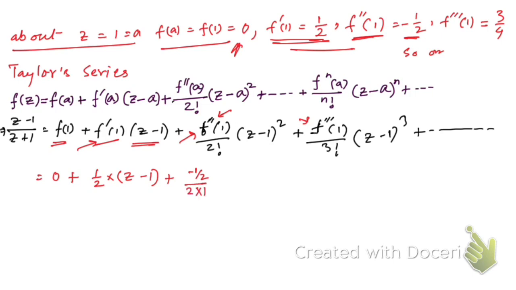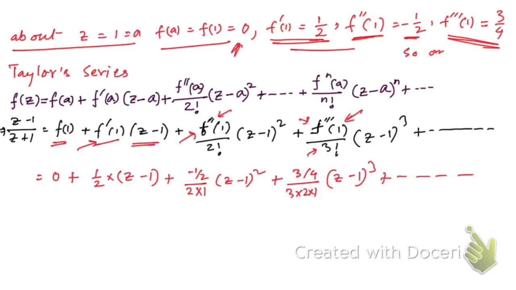Factorial 2 means 2 into 1, into z minus 1 whole square. Then in the next term, if you replace this by the value 3 by 4, factorial 3 means 3 into 2 into 1, so this is 3 by 4 into z minus 1 whole cube, plus dot dot dot.